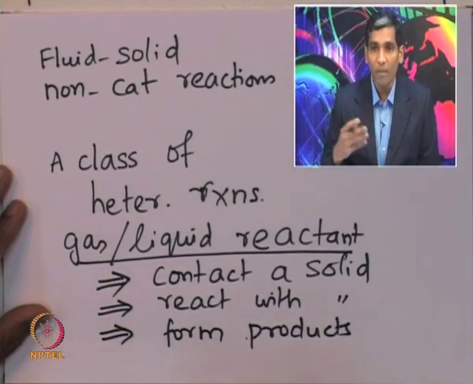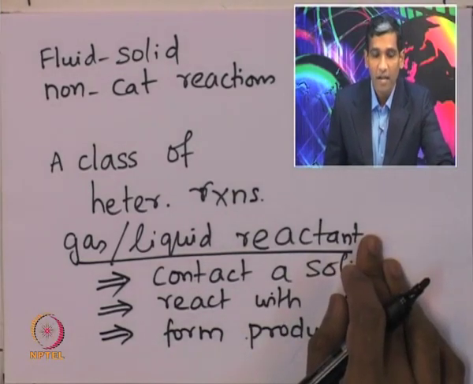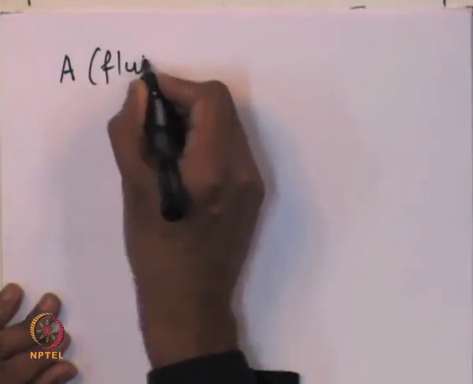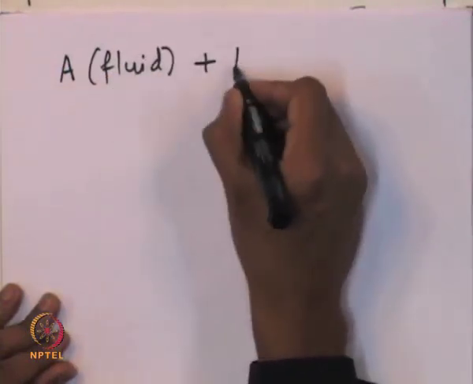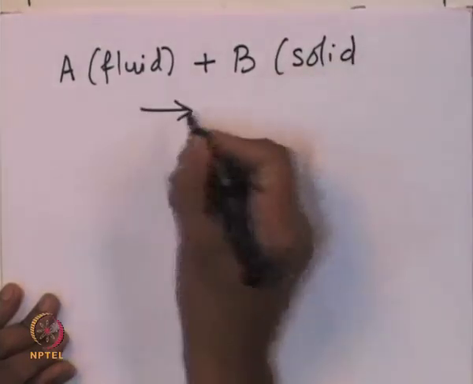This is very common in many industrial settings and we are going to see several examples of these today, and also look at how to model these systems. In general, suppose there is a fluid A which may react with a solid B to form various types of products.